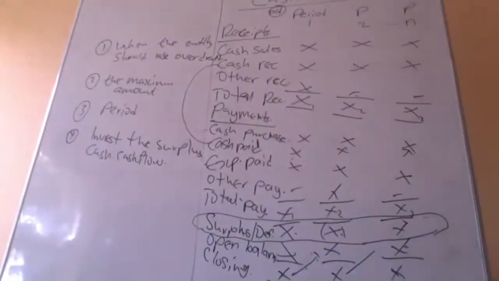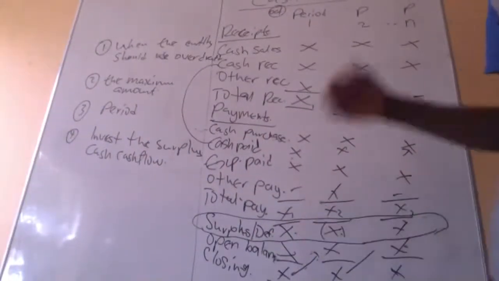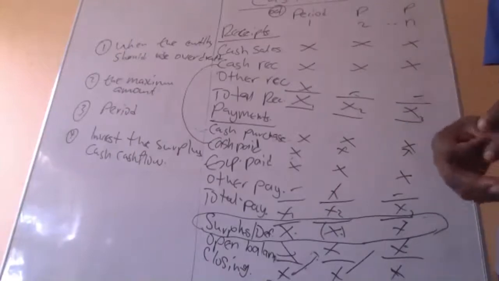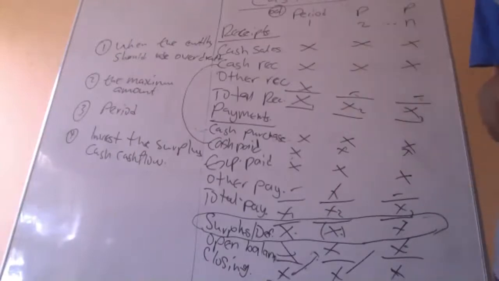Basically what we are talking about is this. Anytime there is surplus, how are they going to manage the surplus? Are they going to keep the cash and protect the cash? No. It is not reasonable, a rational businessman will not do that. The whole year you had 500,000 Ghana cedis and you are keeping these 500,000 Ghana cedis. Are you going to invest? Are you going to buy an asset with it? What are you going to do?